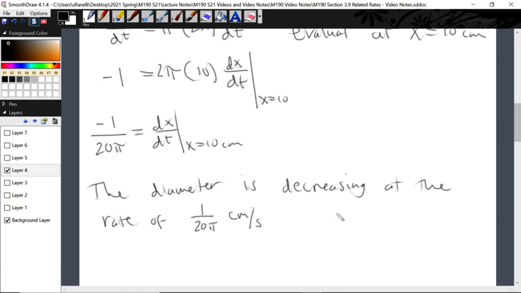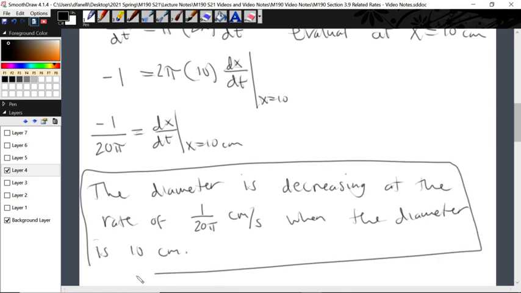The diameter is decreasing at the rate of 1 over 20 pi centimeters per second, at the instant when the diameter is 10 centimeters.